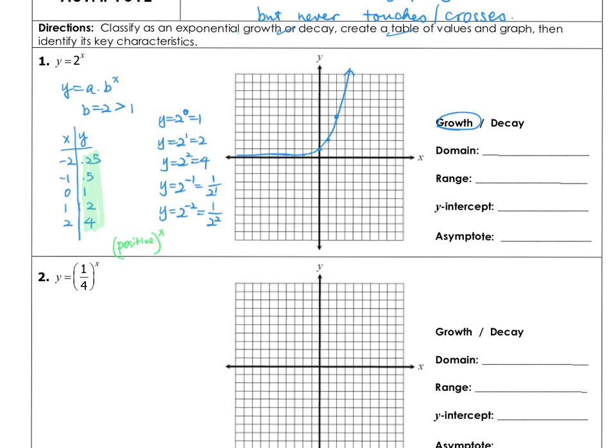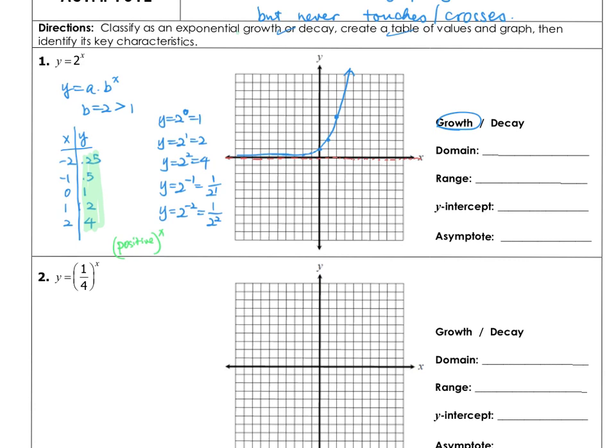It's just not possible. So therefore, I'm going to use red, this x-axis is my asymptote, because that's the line where the exponential growth function gets closer and closer to, but will never cross.